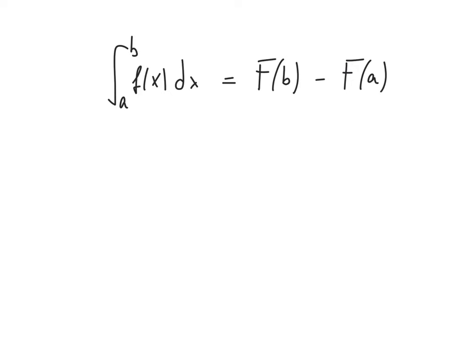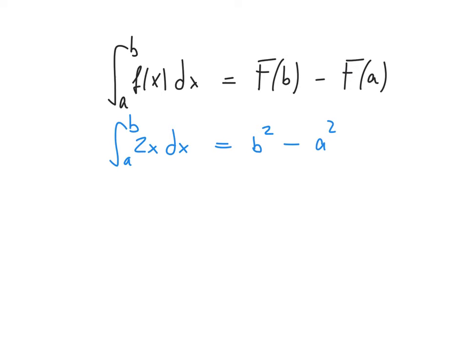So let's stay with our example, the integral from a to b of 2x dx, that would be b squared minus a squared, because the antiderivative of 2x is x squared.